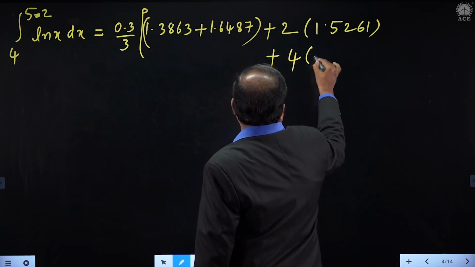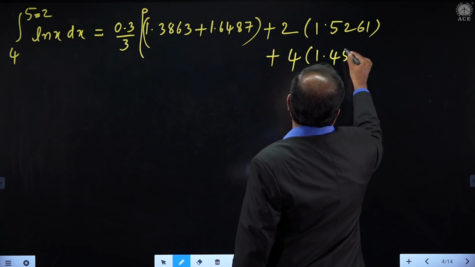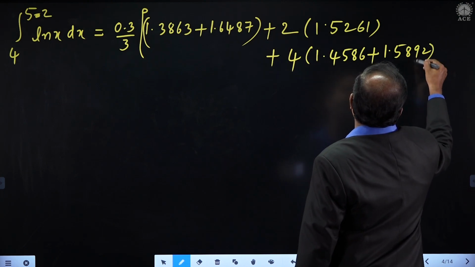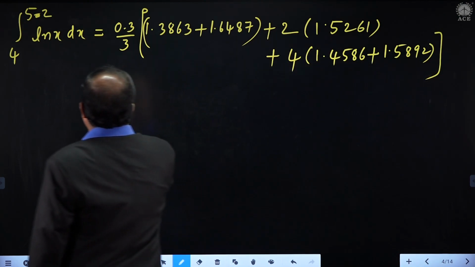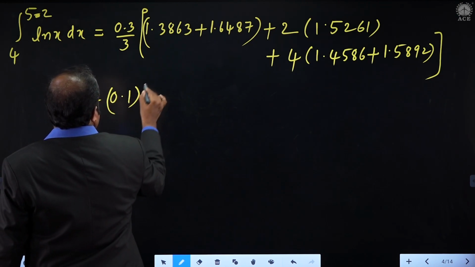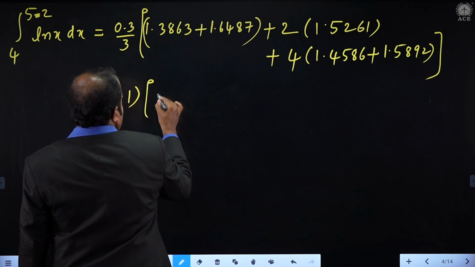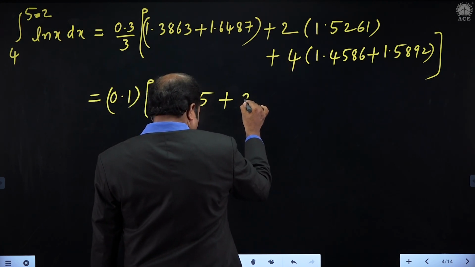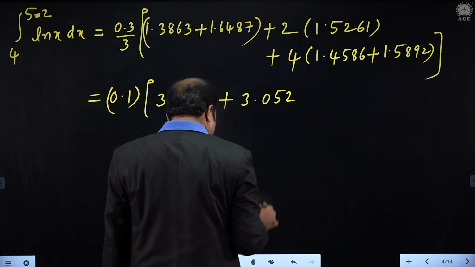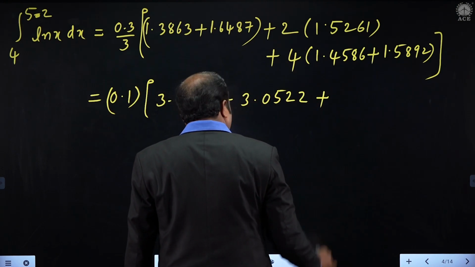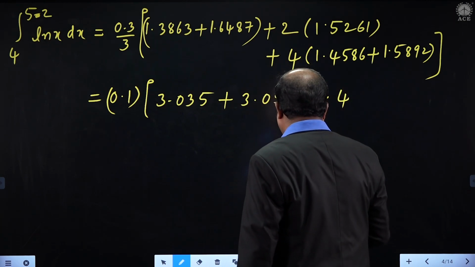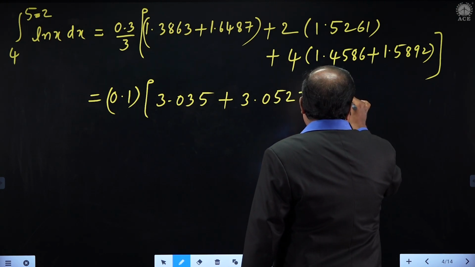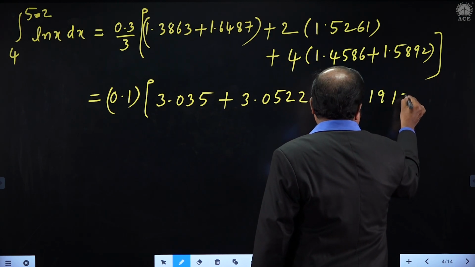This is equivalent to 0.1 into, by simplifying, 3.035 plus 3.0522 plus 4 times, by simplifying the value is 12.1912.